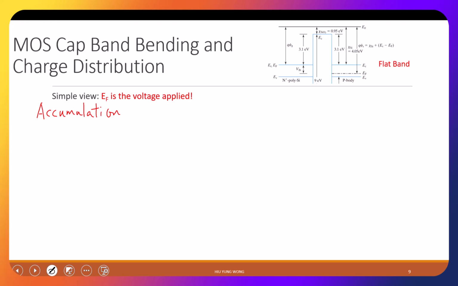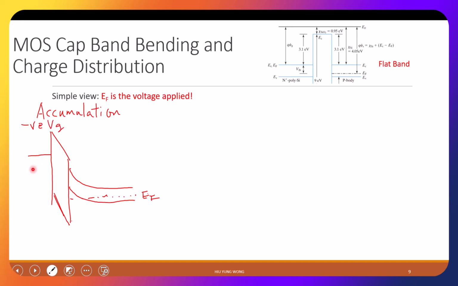So what happened? You will get something like this. I will only talk about the metal gate. This is negative VG.